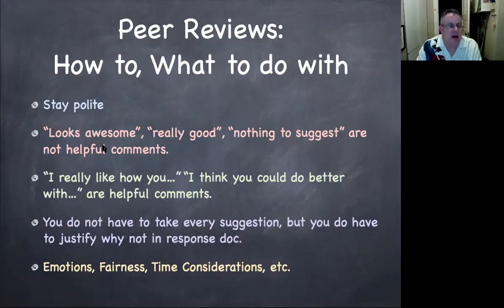For sure in this context, but also in the real scientific review process, this may bring up a lot of emotions for you. It may bring up a lot of emotions for the peer reviewers. There's definitely issues of fairness. There's definitely issues of how much time you have to do, and you're going to make excuses because you don't think you have time to consider things that they suggest. That's going to be true of every scientific paper. Perfection is not the goal here. The goal is really an accurate milestone on the long, long, long path to the truth.